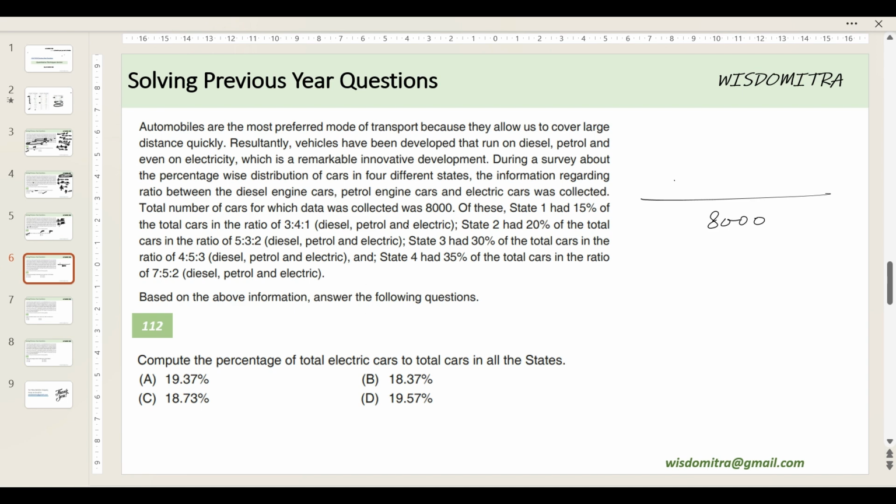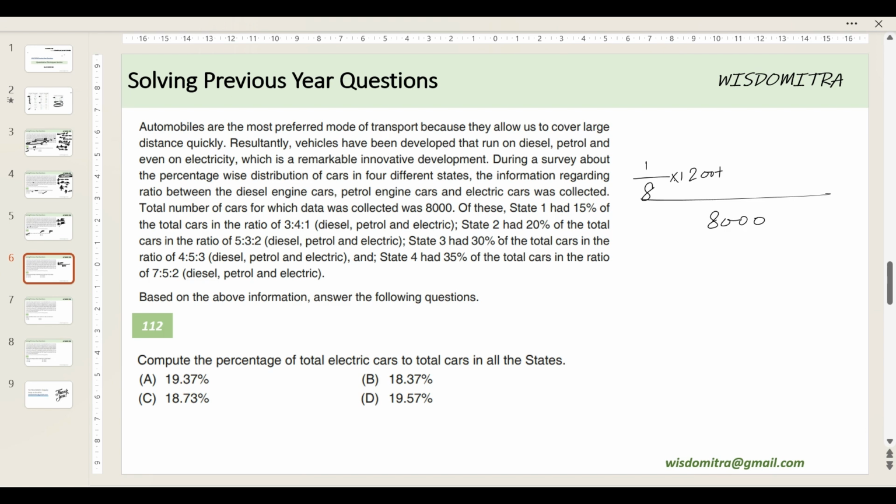How do I find out? So state 1, 1 by 8. 1/8 of what was the total number of cars in the first state? 1200. Second state 1600. Third 2400. Fourth 2800. You got to remember that, right?